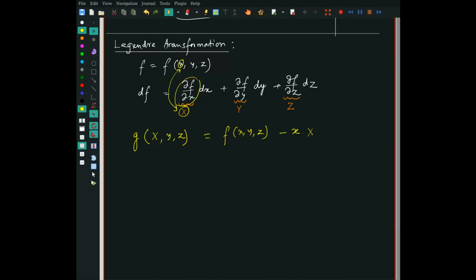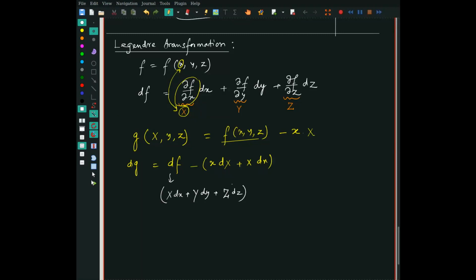Now you should be able to check that if you calculate dg, it equals df minus x dX minus X dx. Now remember, what is this df? df is given by X dx plus Y dy plus Z dz, and minus this.